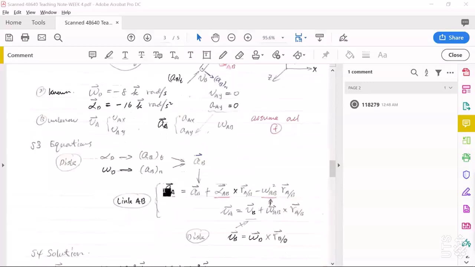In this equation here, AAY is already known, only AAX is unknown. So that's one unknown parameter. Alpha AB is unknown, so that's the second unknown parameter. Omega AB at this moment is unknown, but it can be easily worked out using relative motion analysis of velocity.